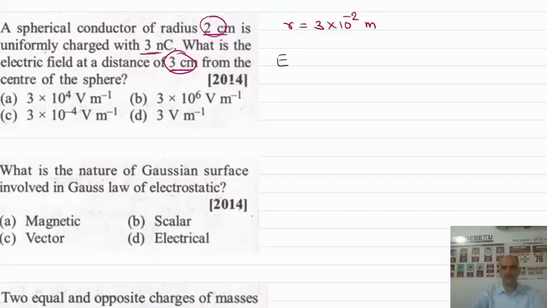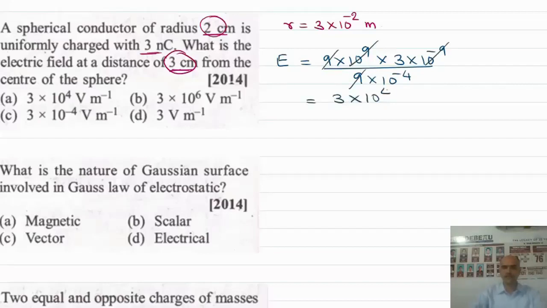So E is equal to 9 into 10 raised to 9, charge is 3 nanocoulomb, 3 into 10 raised to minus 9 divided by R square. Directly I will write 9 into 10 raised to minus 4. So 9 gets cancelled, 10 raised to plus 9 minus 9 gets cancelled. So answer will be 3 into 10 raised to 4. So check the options. A is the answer.